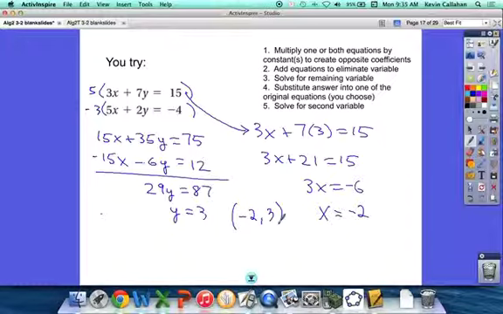Okay, quiet, please. So you can see I made the x's cancel by multiplying times 5 and -3. You might have chosen to cancel these. You might have done -5 and +3, right? It doesn't matter in the end. You should get the same answer. I got y is 3, and then I plugged into the first equation for y and solved for x.